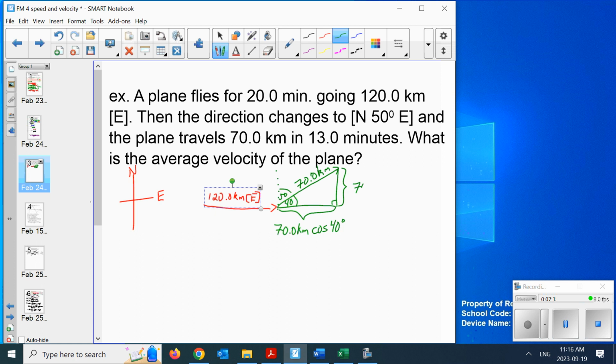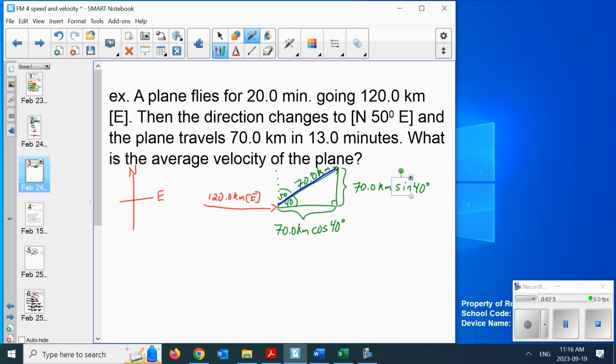Likewise, this is 70 kilometers. I'll write this down and then backtrack and answer your question. I'm skipping a step when I'm doing this. This is the hypotenuse, 70.